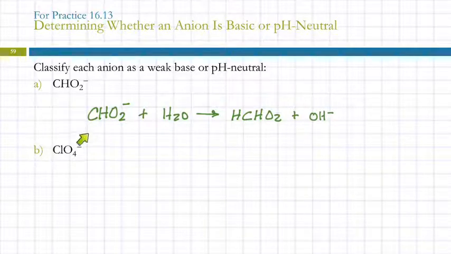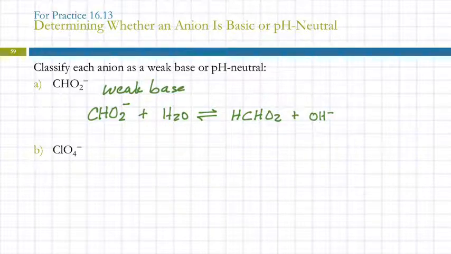So is this a weak base? Yes, it is. It's the conjugate base of a weak acid. This is a weak base because this is an equilibrium. So this one is a weak base because it's the conjugate base of a weak acid.